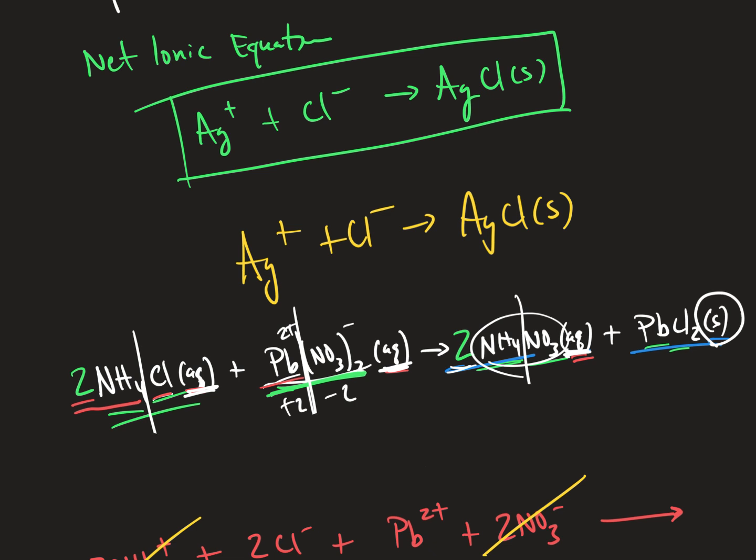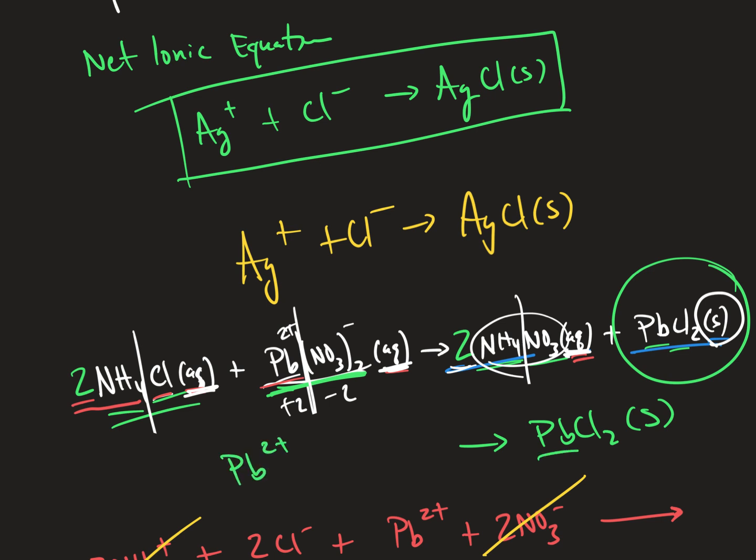Just give me some room here. This is my solid. That is my product. So I know my product is PbCl2. And how do I get that? I get it with 1 lead, and my charge is 2 plus. I get that from here. And I have 2 chlorines, or 2 chlorides.